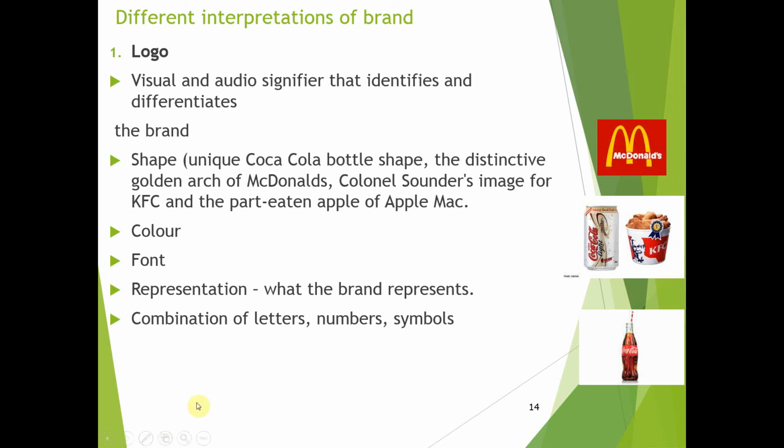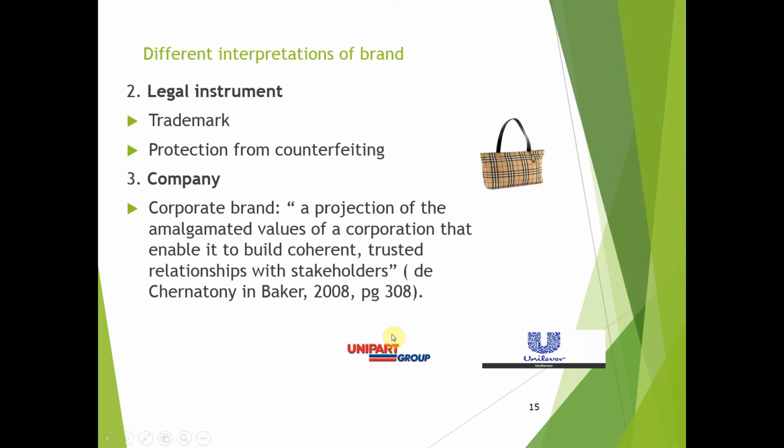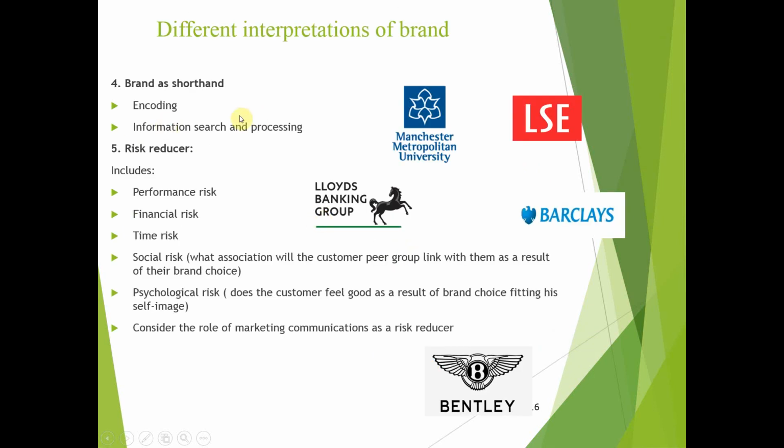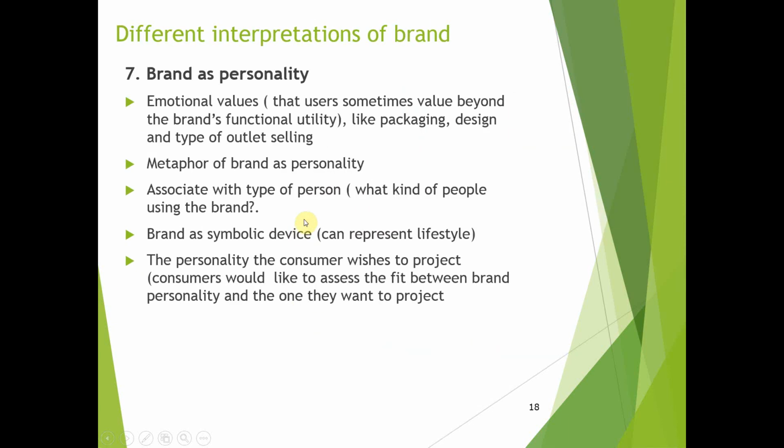So just answering Jasmine and Luke, the question is, how many of these 13 things would you use? Well, just a couple of them, but the important ones I would say are maybe brand as a shorthand, and brand as a positioner, but certainly brand as a personality.